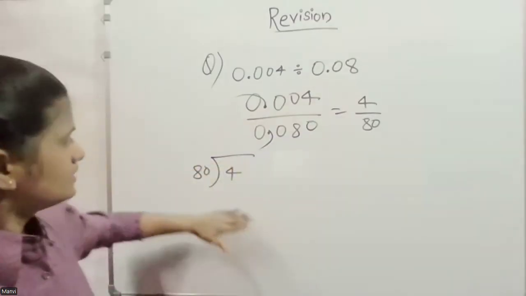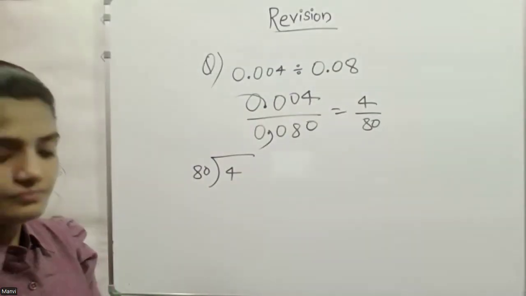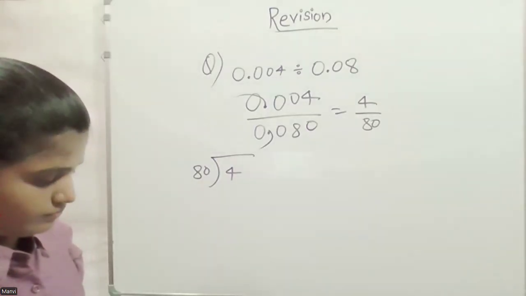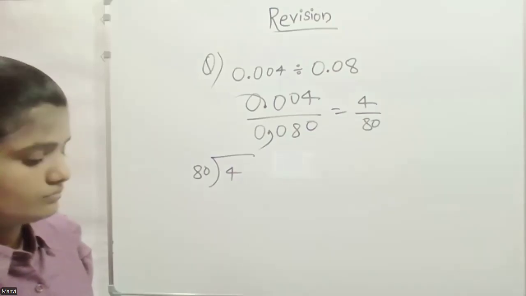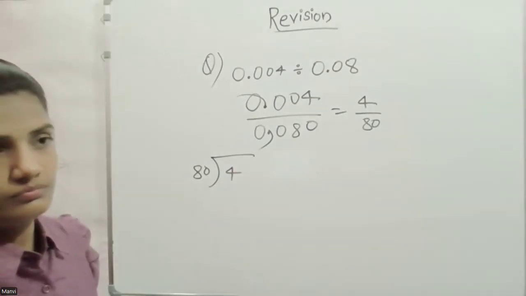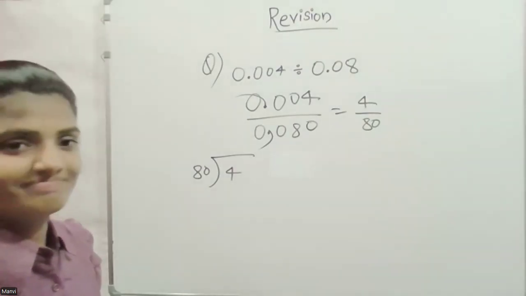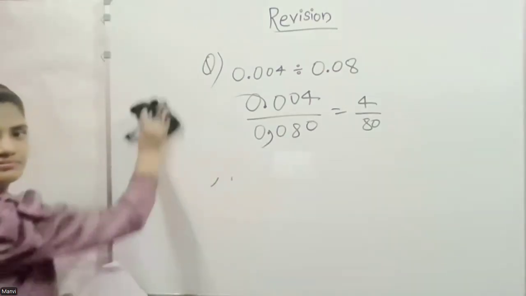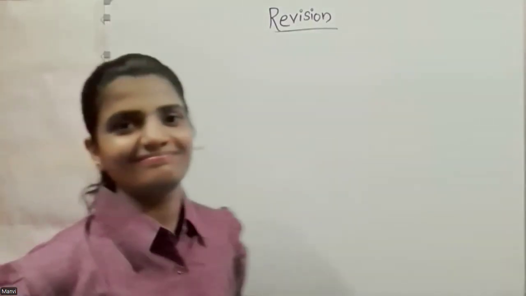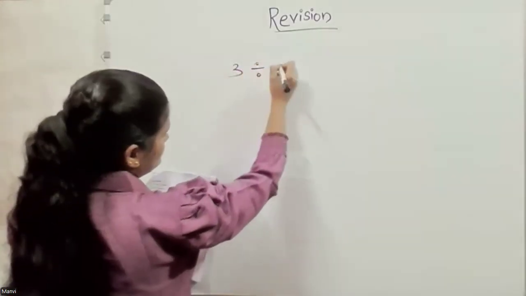Can I solve it again now? Yeah, please solve it from here. Eighty to 4, it'll give 0. I think I got it. Is it 0.05? That's very good. I did the way you taught me before. Okay. Try one more easy question. 3 divided by this.